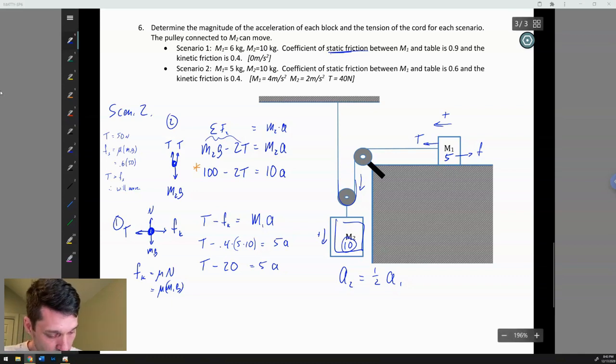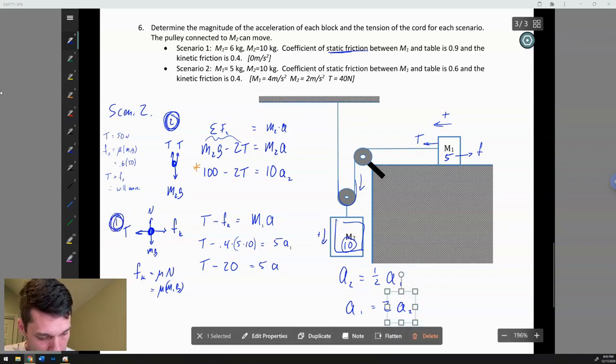Or I could say it the other way. Object 1 is going to accelerate at twice the rate of object 2. So if we're talking about object 2 here, we're talking about its acceleration. And we're talking about object 1 here, we're talking about its acceleration.